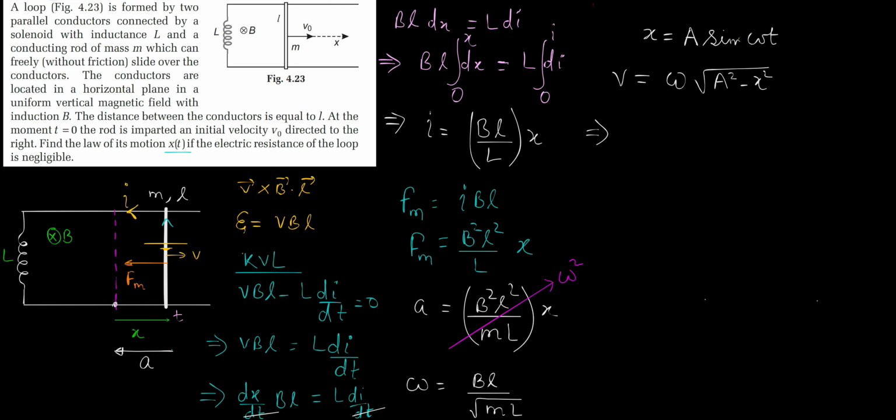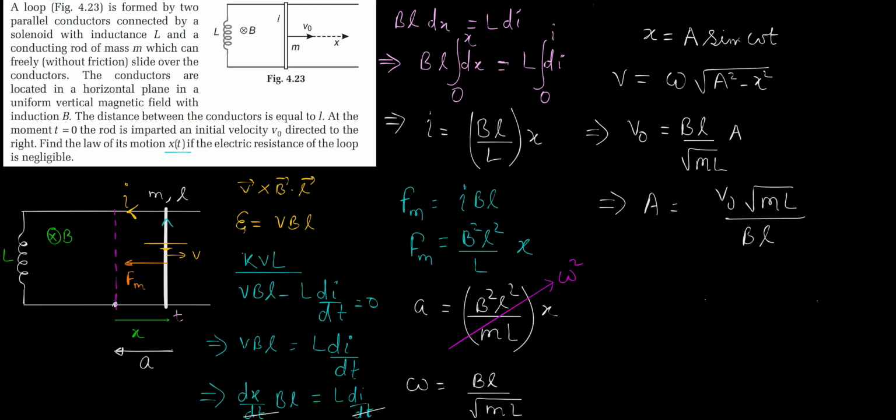So here if we plug it, it becomes v naught, and we know the value of omega, which we already calculated here, omega as BL over square root of ML, times square root of a square minus x square, where x is 0, because at x equal to 0 only velocity is v naught, and square root of a square becomes a. Then we can write amplitude A is equal to v naught square root of ML over BL. Okay, we got the amplitude.